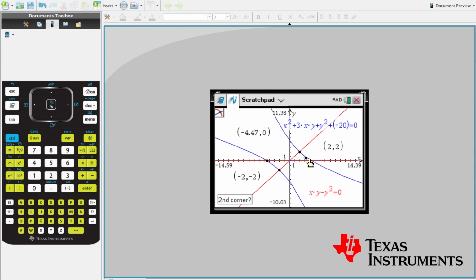I'll click here, and then it found an intersection, so we end up with the (2√5, 0) point, and this confirms our points graphically for our problem number 5 using the TI-Nspire CX CAS calculator from Texas Instruments.